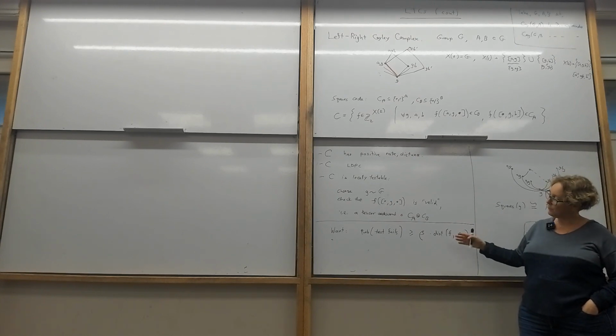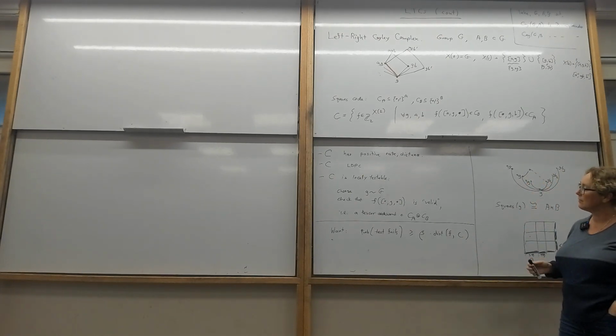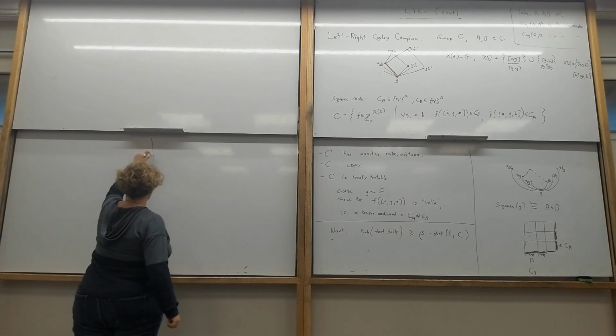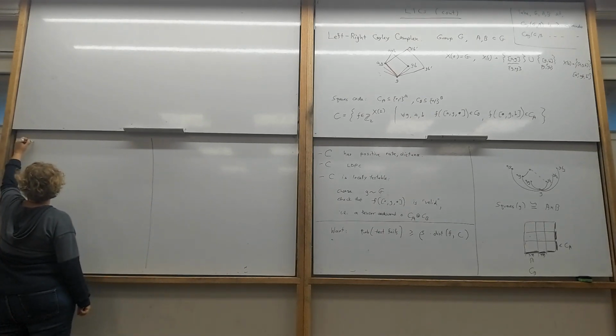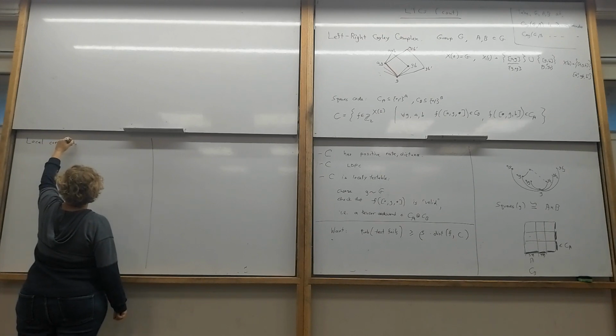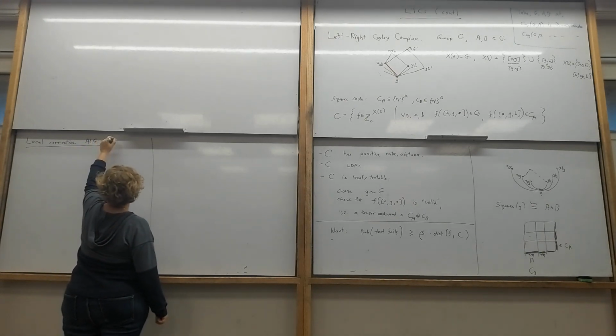So the way we did it was by showing this algorithm. So we had this local correction algorithm. The input is some F.